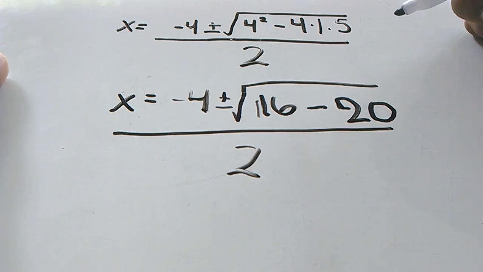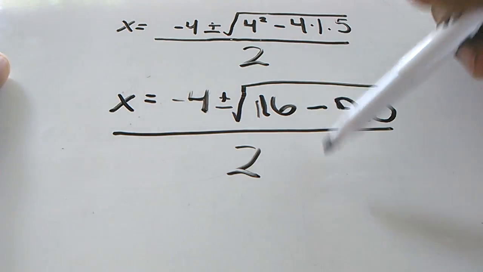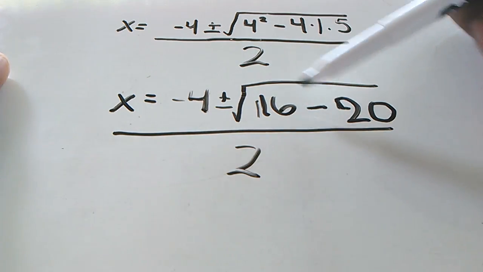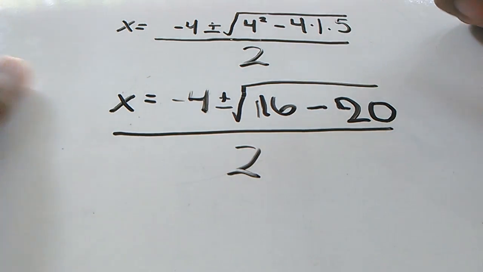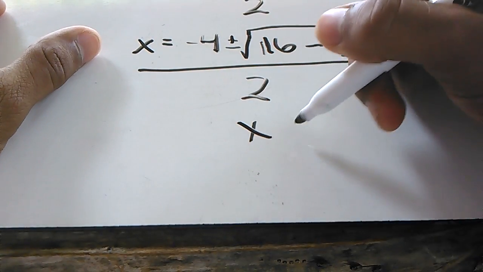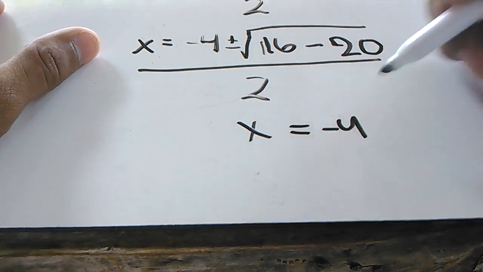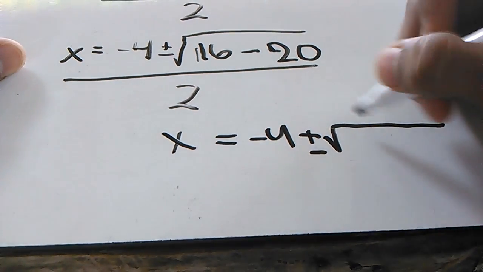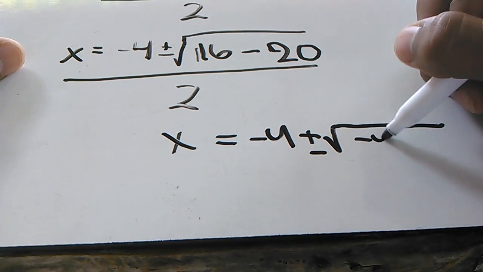So then next we subtract the 20 from the 16, and 16 minus 20 would be negative 4. So x equals negative 4 plus or minus the square root of negative 4, over 2.